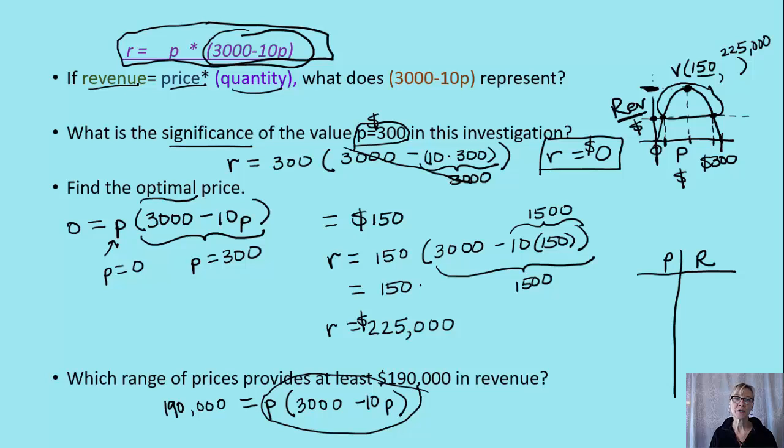I actually had a spreadsheet calculate for me all the revenues for all of those points. So imagine plugging in everything from 0 to 300. You don't want to do that by hand, right? I did it by 5s and 10s and 100s to see how close I could get, and I'll show you the results.